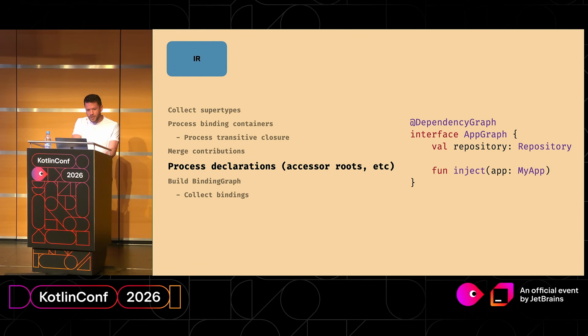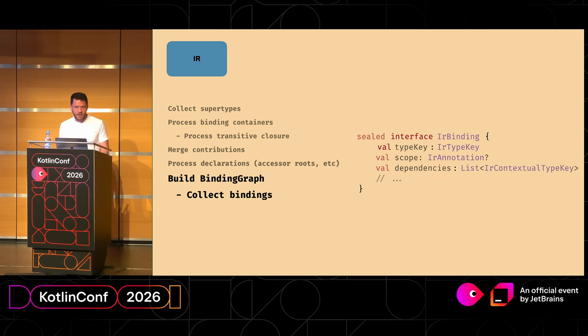Finally, we go through and process all the member declarations. This is where we aggregate all of the roots, including any that we inherited, accessors, inject functions, etc. And now we build the binding graph itself. This is a data structure that holds all the bindings available to our graph in memory.